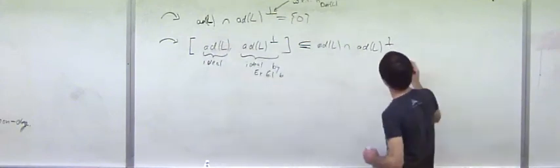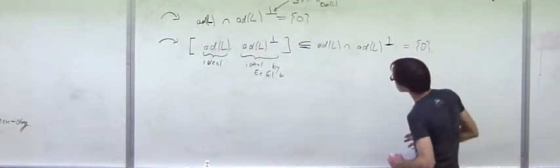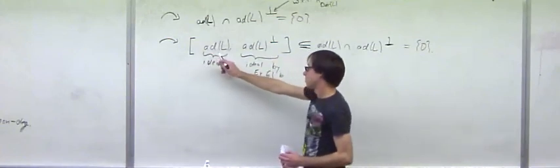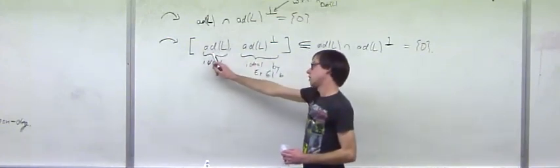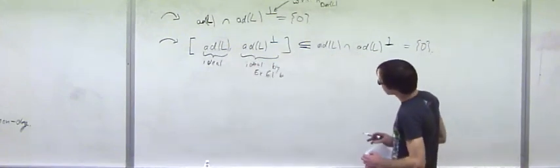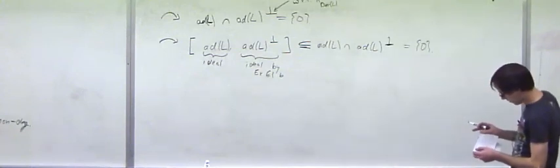I use both ideal properties, but I just showed this is 0. So whenever I compute the commutator of an element of ad L and an element orthogonal to ad L, then I must get 0.